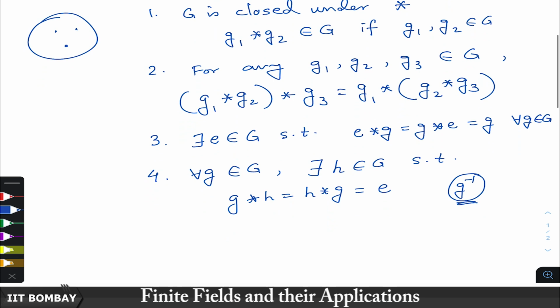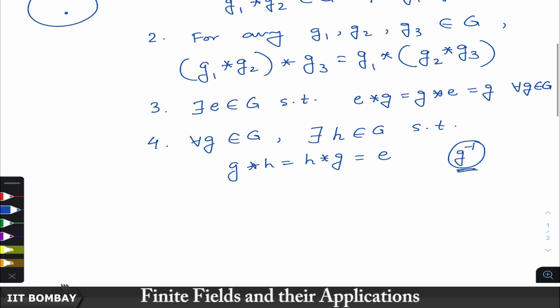First of all, we can check two very basic properties. This identity element that we talked about is unique. There cannot be two distinct elements satisfying the same property. Why is that?